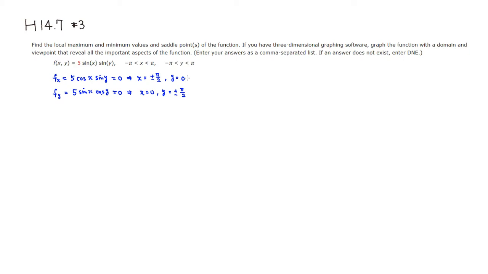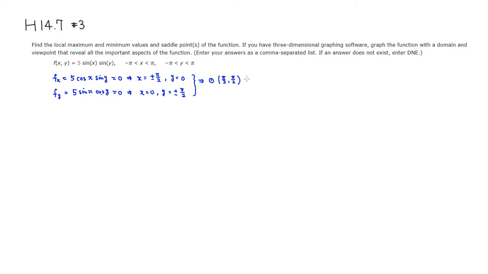So how many critical points can we find from here? First one: x equals pi over 2, then y has to be pi over 2 or negative pi over 2, so I'm going to do a positive pi over 2.